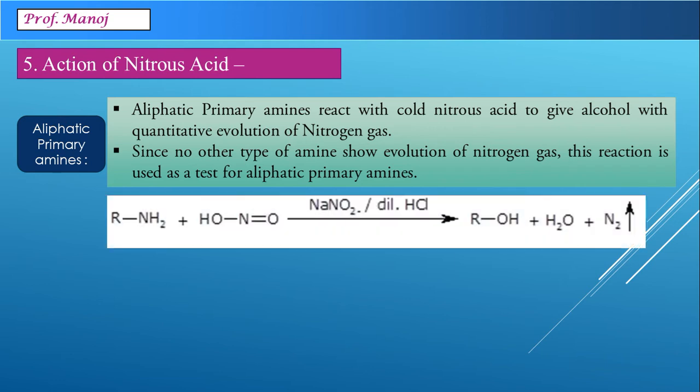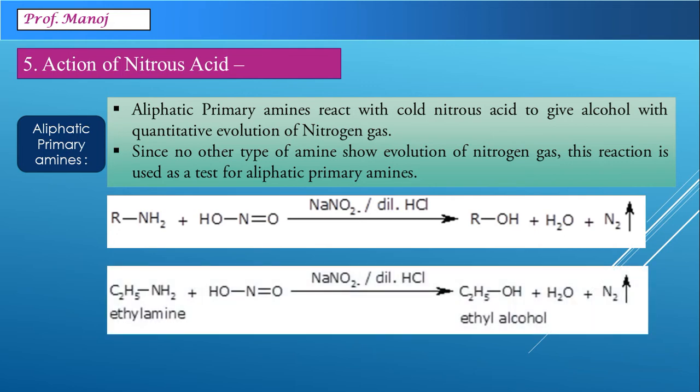You can see a general reaction now. RNH2 is a primary amine reacting with HNO2. You can see the reaction product as ROH with byproducts nitrogen gas and water. If I take an example of R as C2H5, we generate C2H5OH, ethanol, as a product.